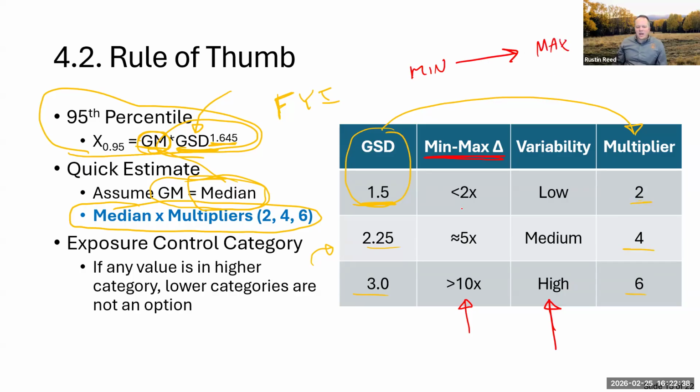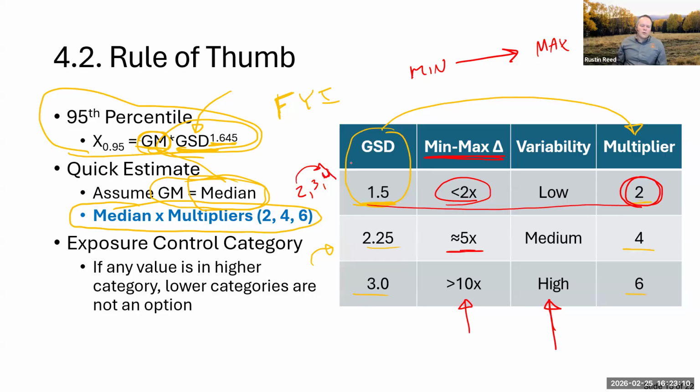And if they're different by less than a factor of 2, then my experience is most of the time you're at low variability and you're going to use a multiplier of 2. If that difference is around 5 times, let's say with this first one, I might have a data set that looks like this: 2, 3, 4.